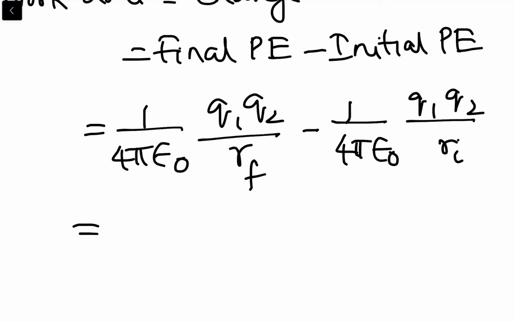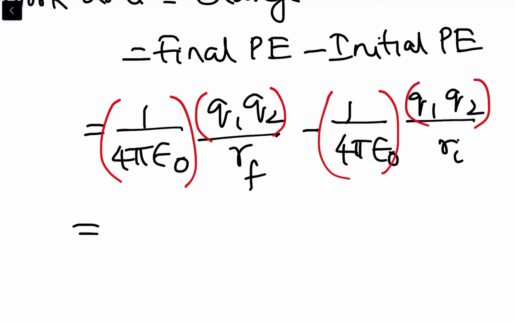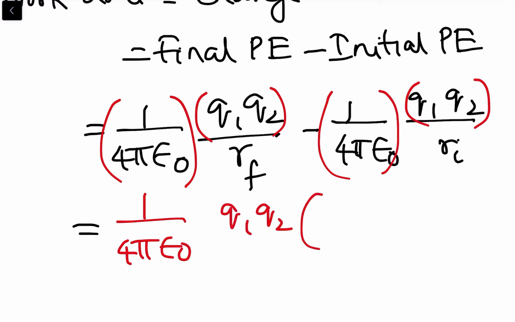In both of them you can see 1 by 4 pi epsilon naught and q1 q2 are common, so we can take them out: 1 by 4 pi epsilon naught q1 q2, and the remaining will be 1 by rf minus 1 by ri.